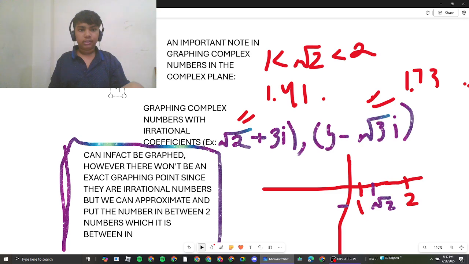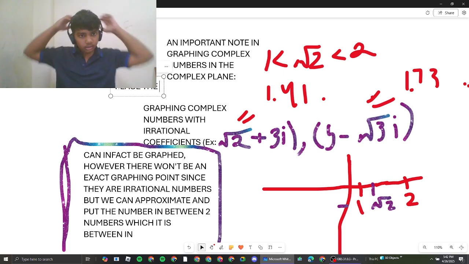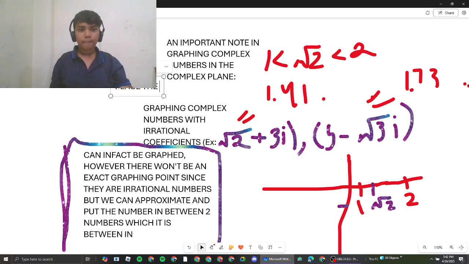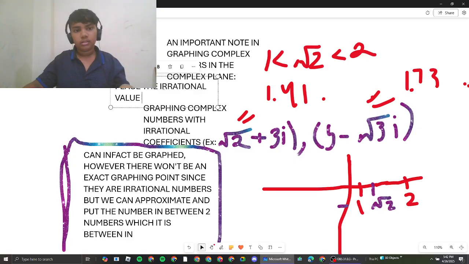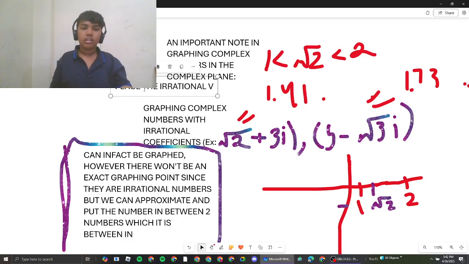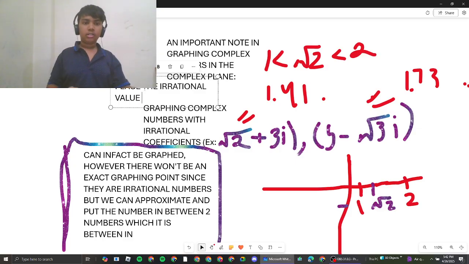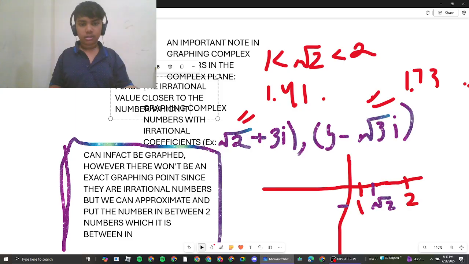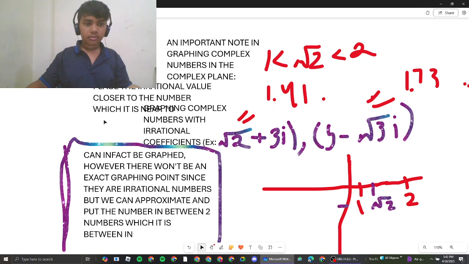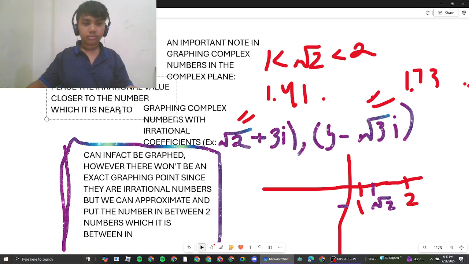And place the irrational value closer to the number which it is nearest to.